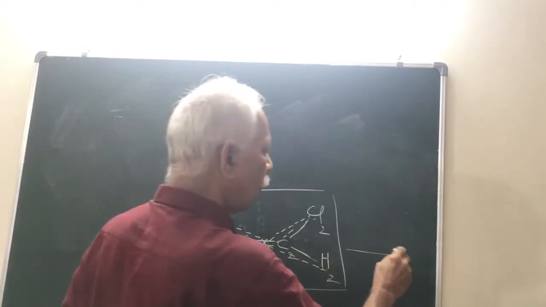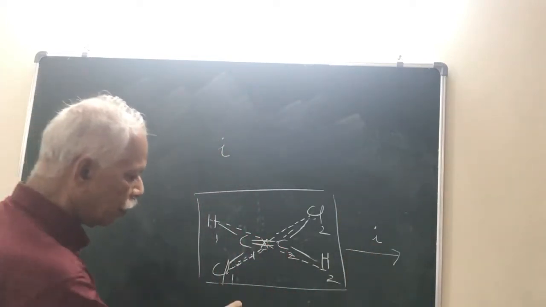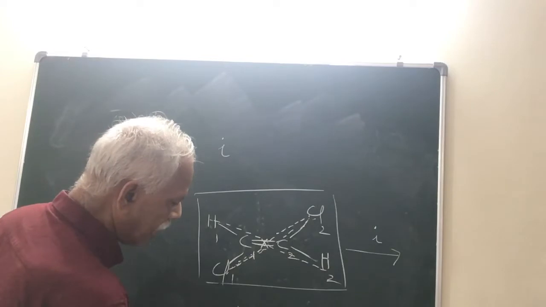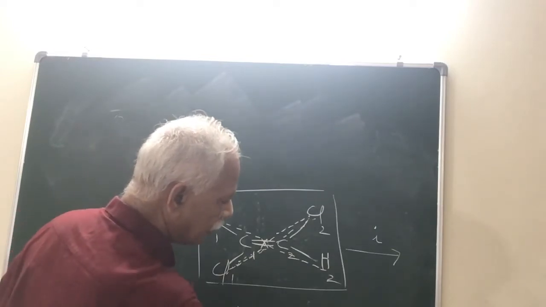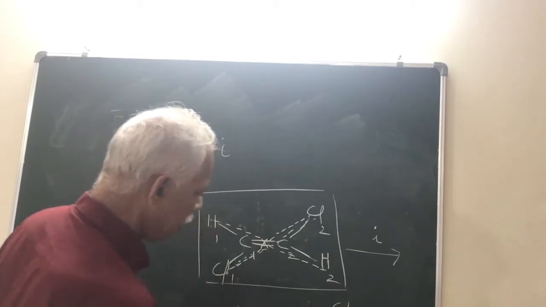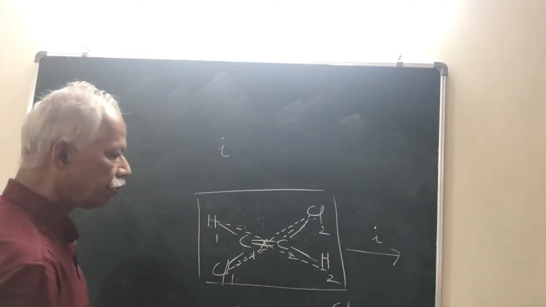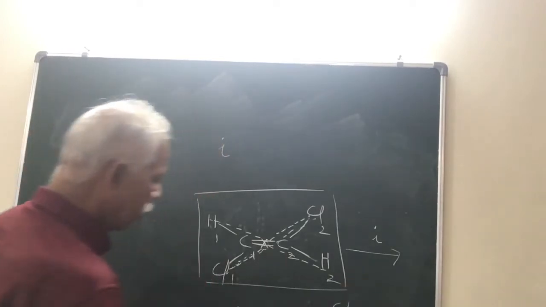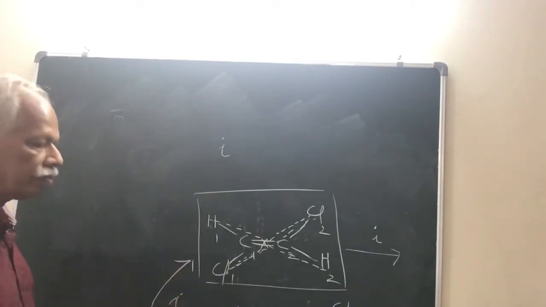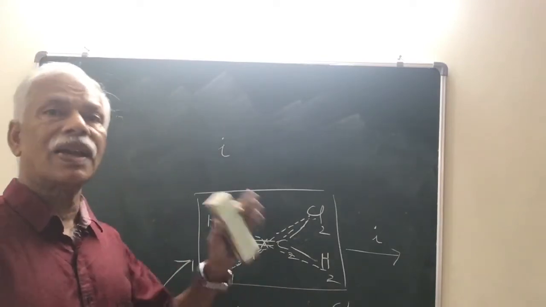So after this operation, if I denote it by the symbol I, the molecular look will be exactly the same, but with the numbers shifted in this manner, H1, H2 and Cl1 and Cl2. If one more I is done, it will come back to its indistinguishable identical appearance.